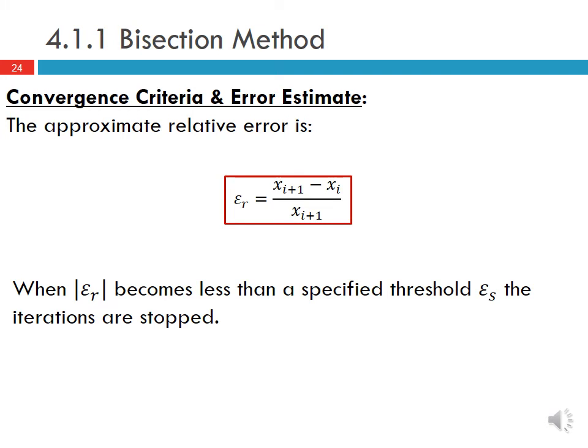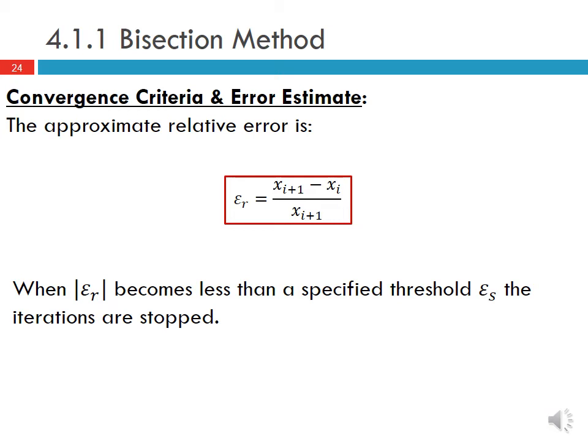So we talked about the convergence criteria, so we need to define what our error estimate is and what we would typically use to decide when our method has converged. The approximate relative error for the bisection method is epsilon r equal to x i plus 1 minus x i, divided by x i plus 1.